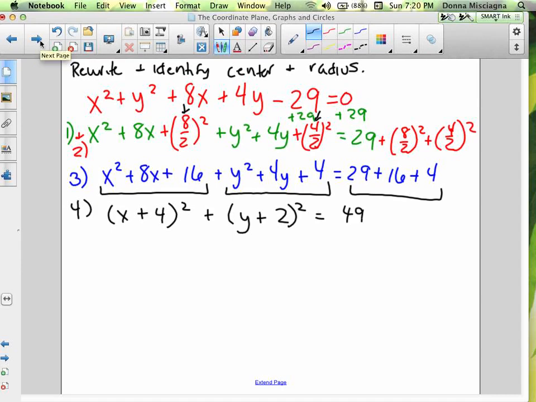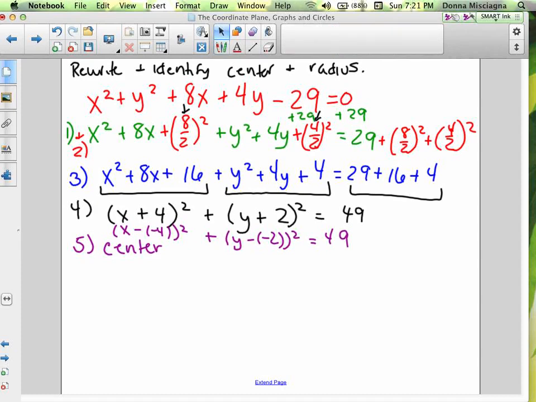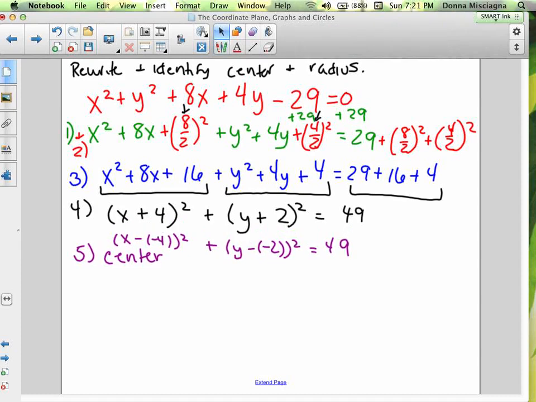And our last step, we can identify the center. So remember that this really means x minus a negative 4 squared and y minus a negative 2 squared. So our center, move that down just a little bit. Nope, I guess I can't.